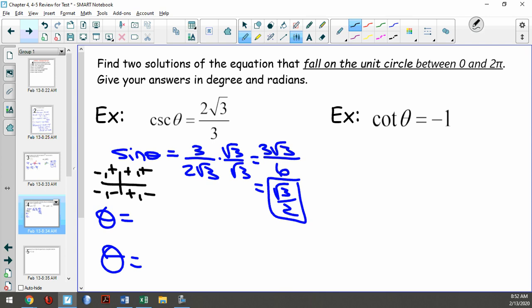Okay, so what 2 quadrants is sine positive in? Quadrant 1 and quadrant 2. Do we all understand that? Sine is your y value. So in quadrant 1, what angle has a y value of the square root of 3 over 2?